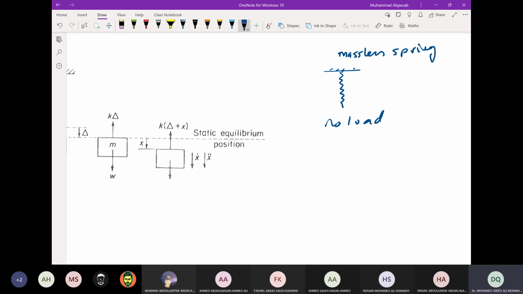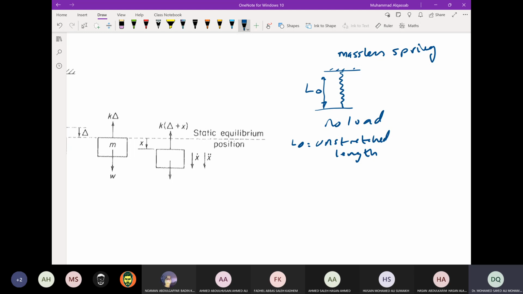The spring will have the unstretched length, we call it L0, or undeformed.